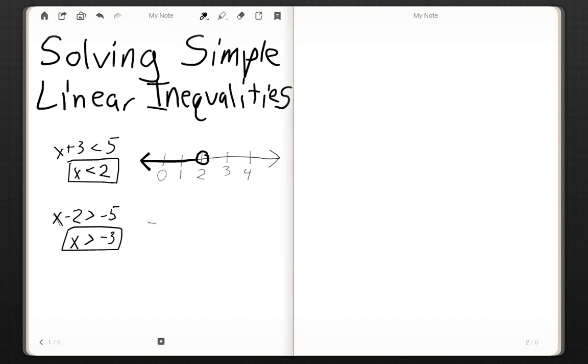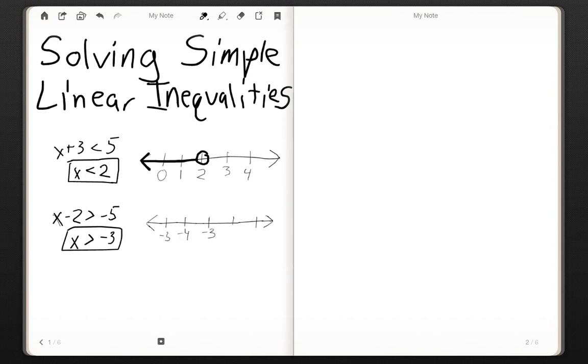Now, let's draw our number line here. Put 5 marks. So we have negative 3 here. Now, remember that since we're in the negatives, it kind of goes in the opposite direction. Less than is that way, so the negative numbers go higher.